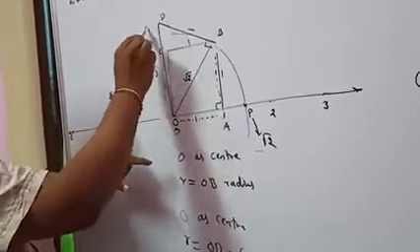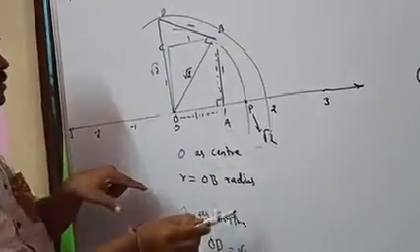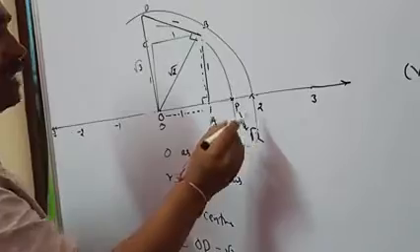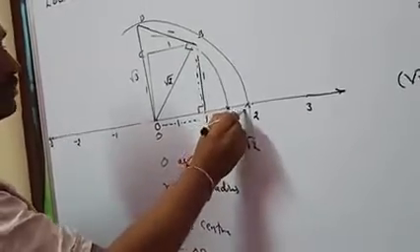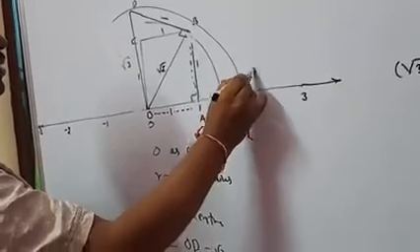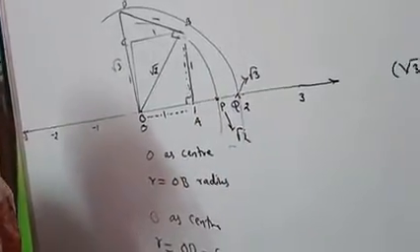If this is Q, then this Q represents root 3 on a number line.